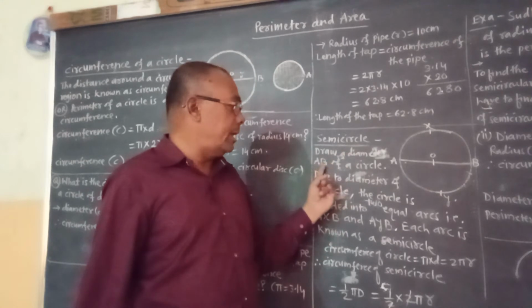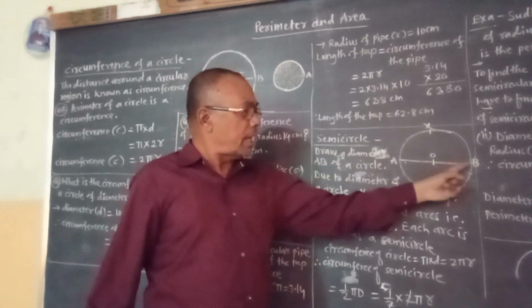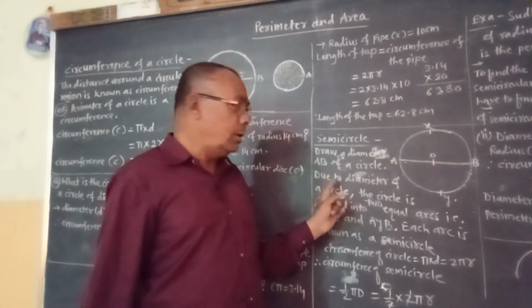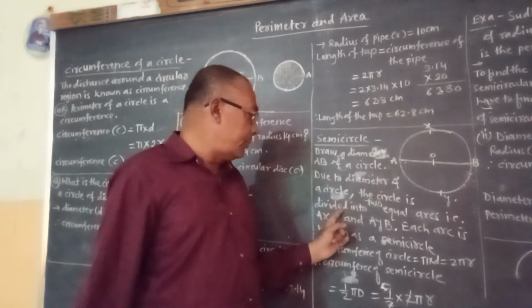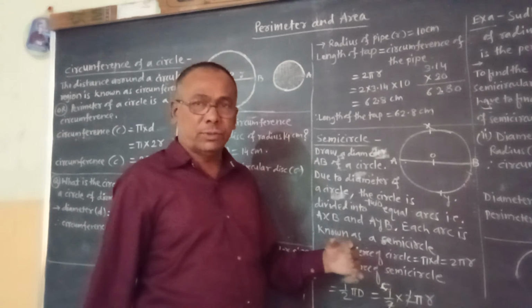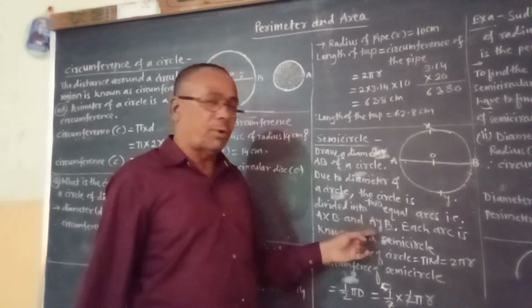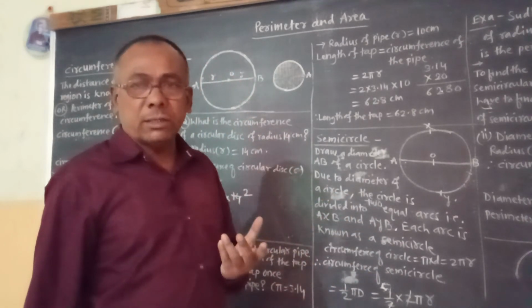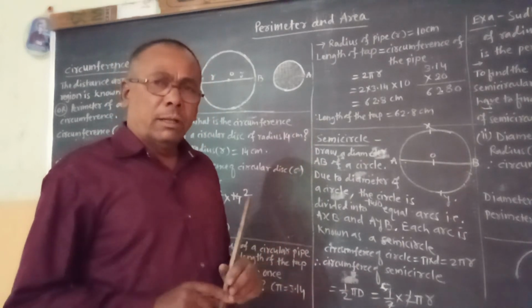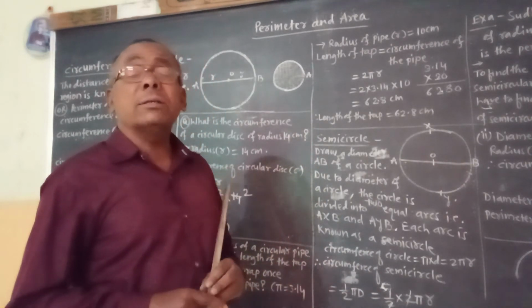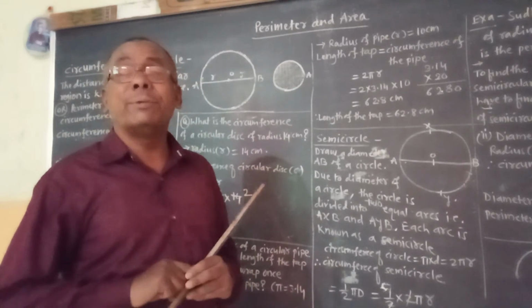Draw a diameter AB of a circle, and due to the diameter of a circle, the circle is divided into two equal arcs, that is AXB and AYB, and each arc is known as semicircle. Now we will find the circumference of a semicircle.